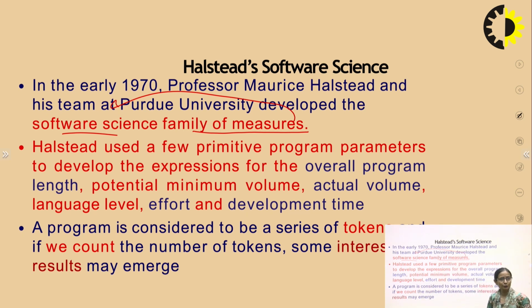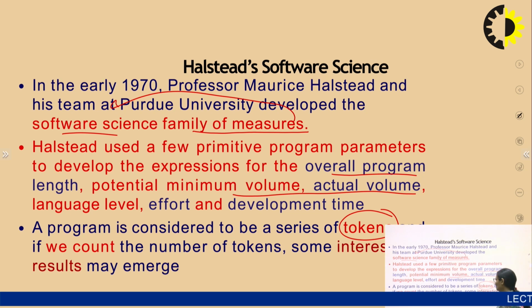Halstead used a few primitive program parameters to develop the expressions for the overall program length, potential minimum volume, actual volume, language level, effort and development time. A program is considered to be a series of tokens, and if we count the number of tokens, some interesting results may emerge.